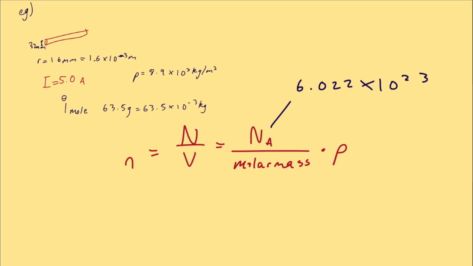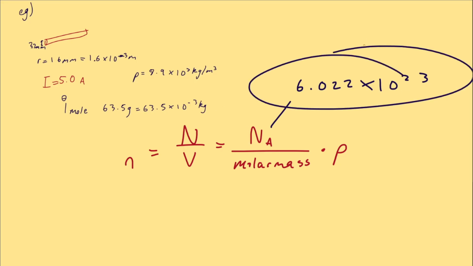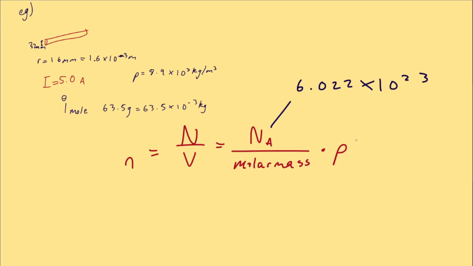So 1 mole of copper atoms would be this many atoms, or 1 mole of water molecules would be this many molecules. In our example, since copper has 1 free electron per atom, the number of free electrons per mole is the same as the number of atoms. It's a little bit complicated, but if you are fluent in your moles and your density, then you'll be fine.